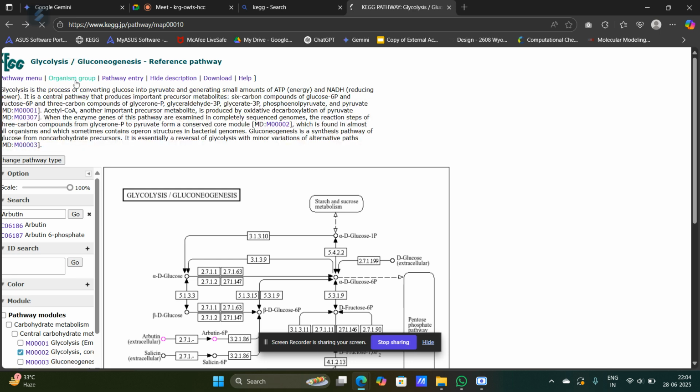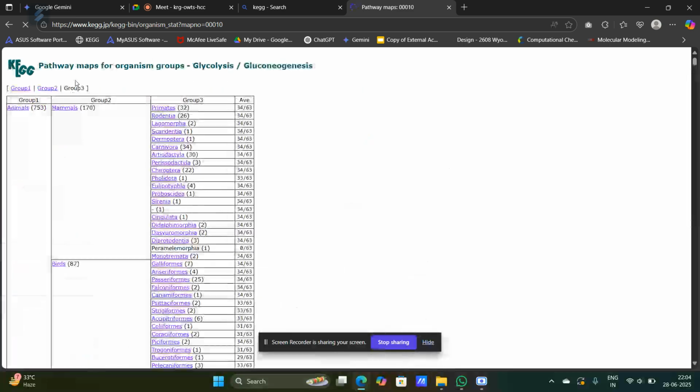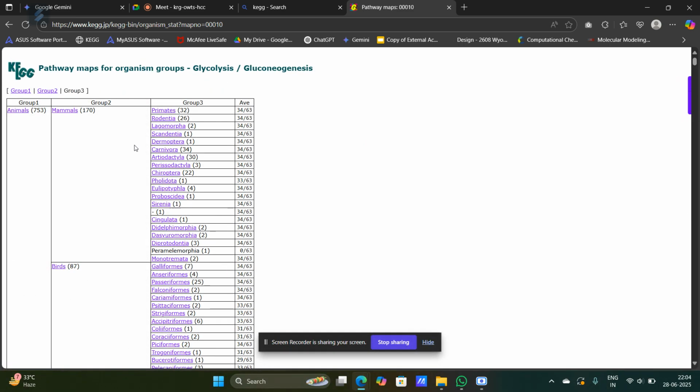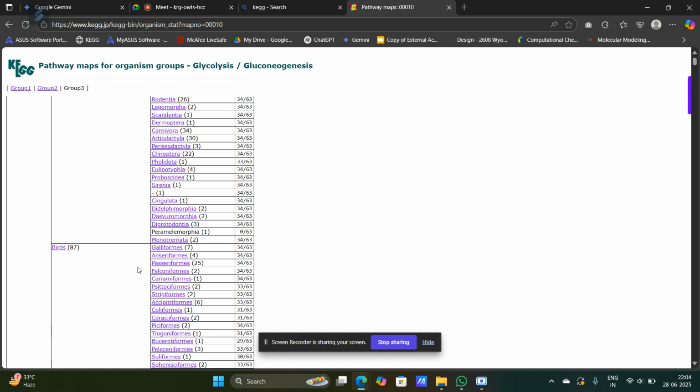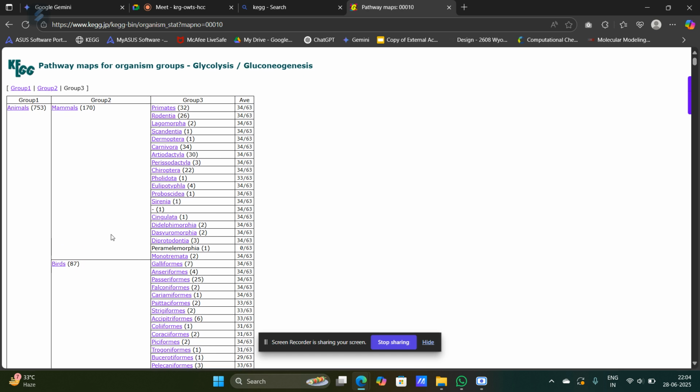And if I click on organism group, as glucose is going to be consumed by all different kinds of organisms, there might be some slight difference in the way in which this glycolysis works, or there might not be. So here it is just a list of glycolysis pathways in different organisms.